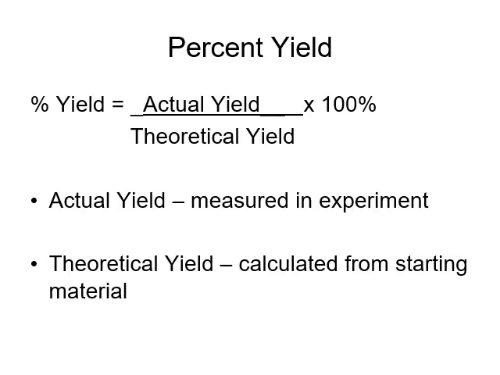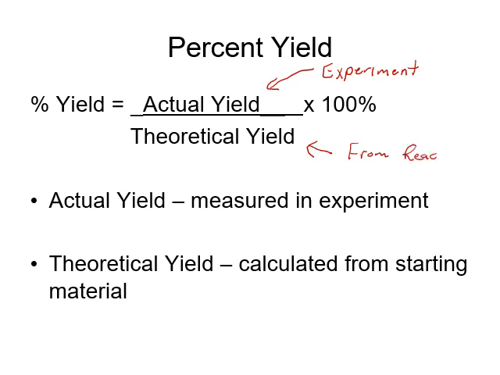We're going to also be looking at the idea of percent yield. And percent yield comes from the actual yield, which is found experimentally. So this is the amount that is actually produced in our experiment, and comparing that to the theoretical yield, which is the maximum amount that could be produced from the reactants.